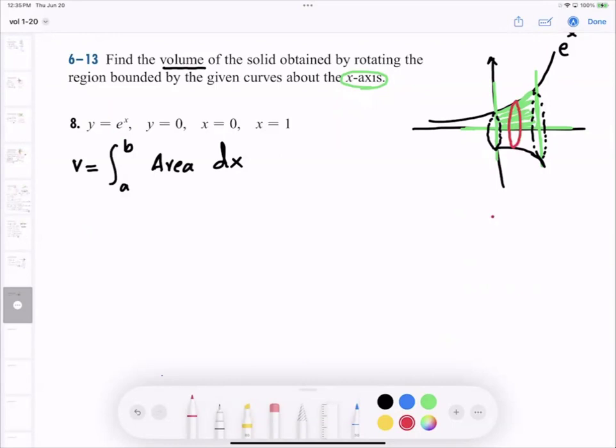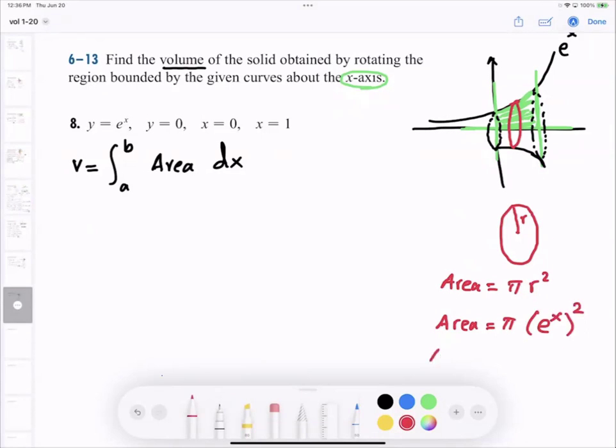You want to know the area of this circular object. The area is equal to pi r squared, if you assume this is r. But your r is located on e to the x. So the area of the cross section is pi times e to the x to the power 2.